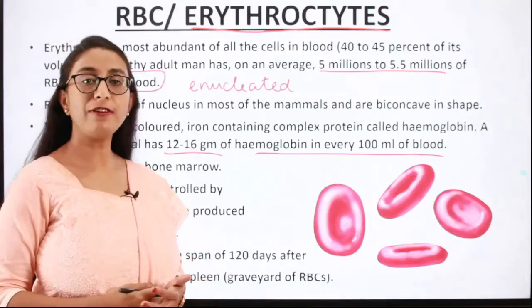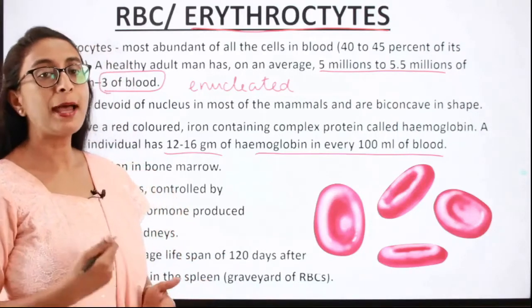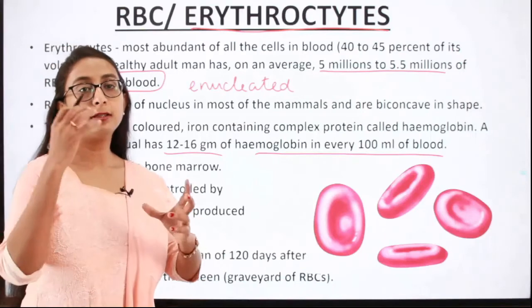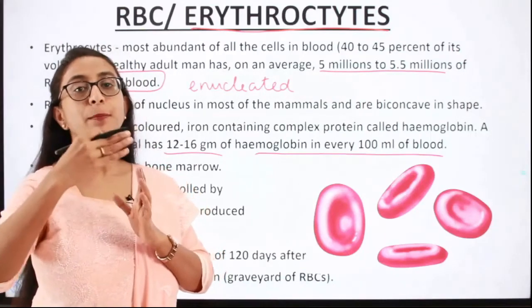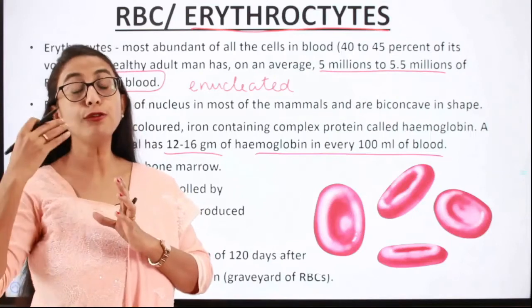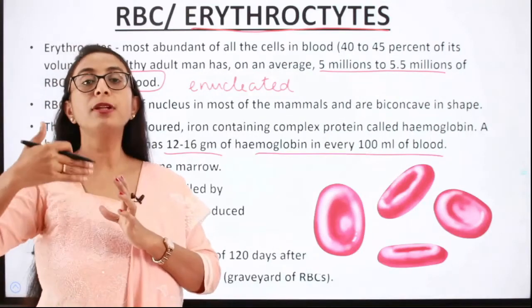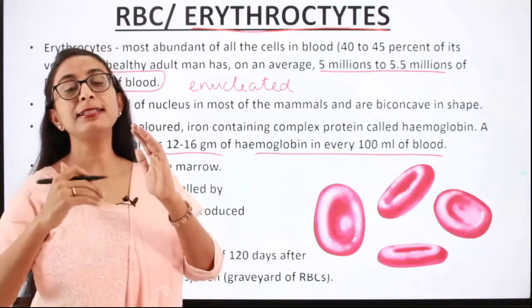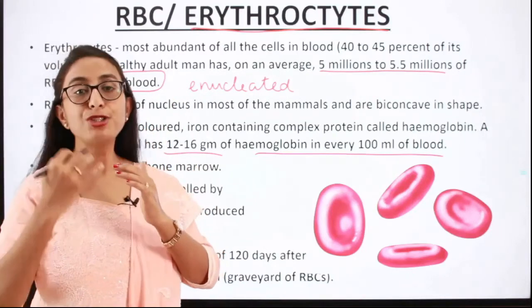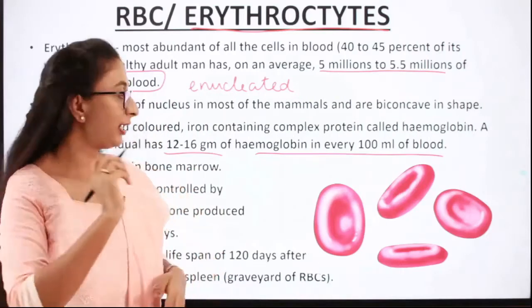In the bone marrow, the stem cell differentiates and matures to form the final RBC, and the time taken for the maturation of RBC is 7 days.